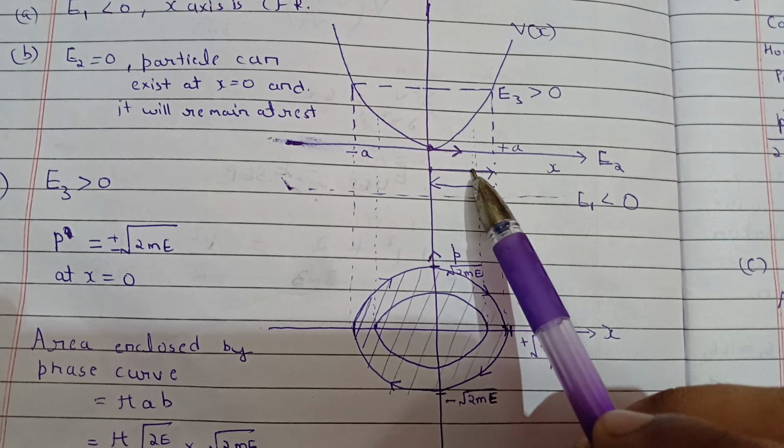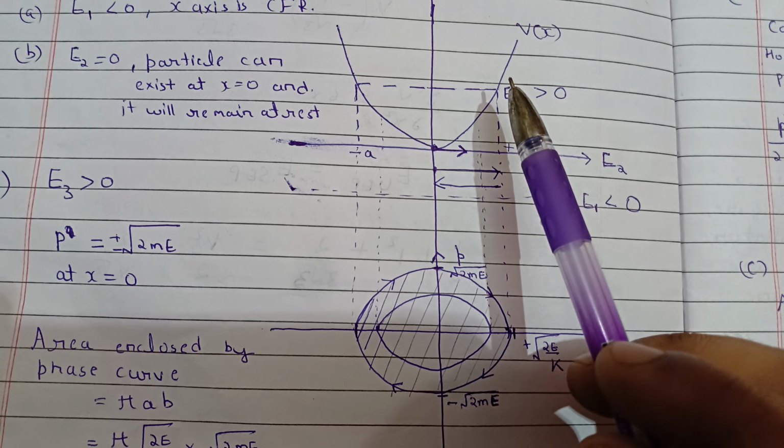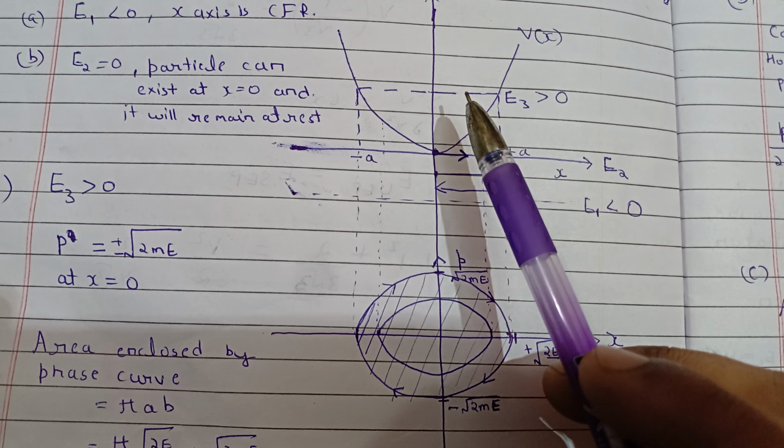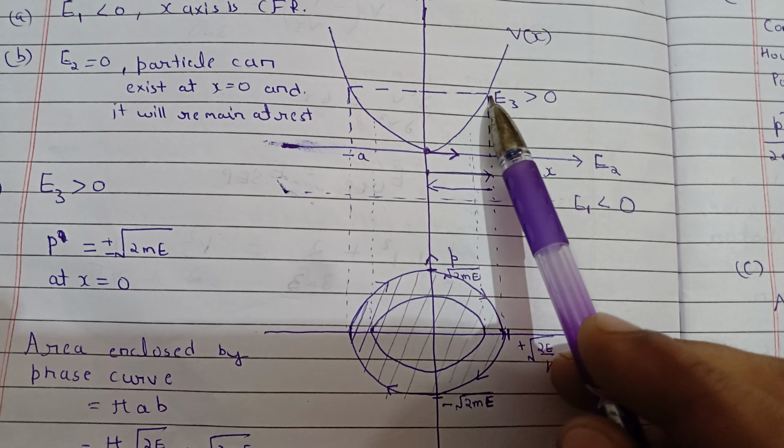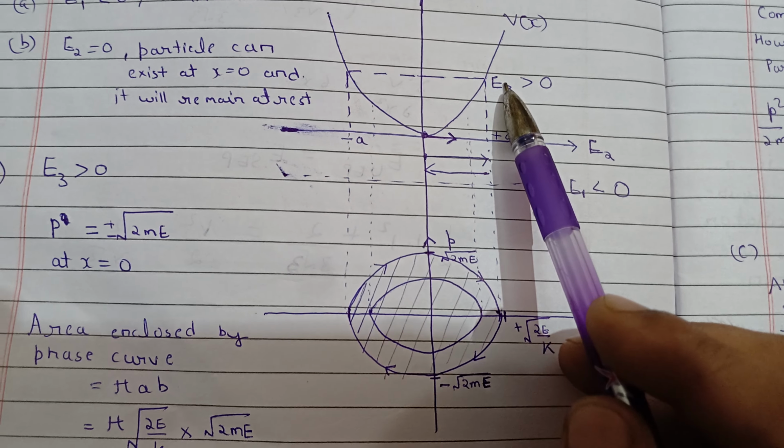Kinetic energy is directly related to the momentum, so momentum will also decrease along this direction. At the origin it will have the maximum, because at this point potential is 0. So from this equation, at x equal to 0, P will be root 2mE.